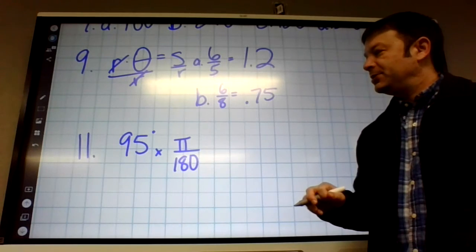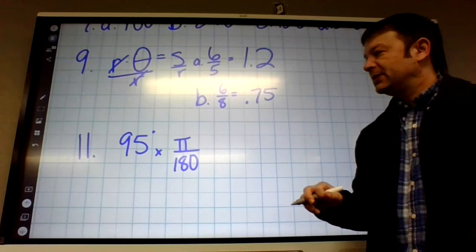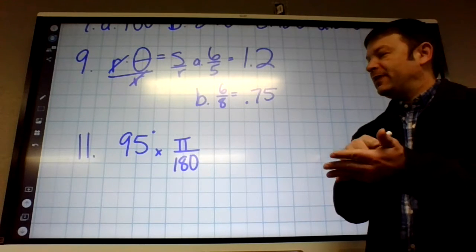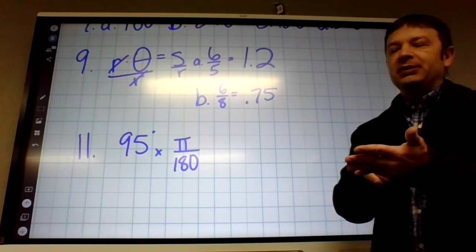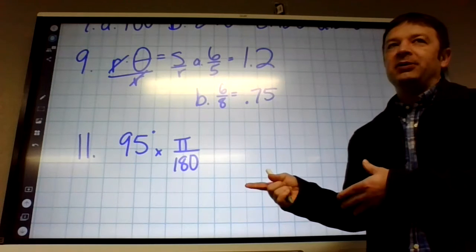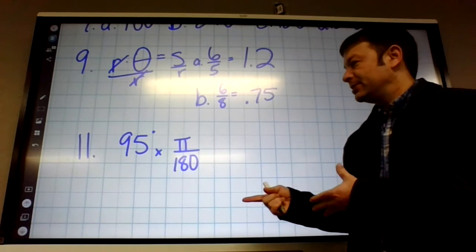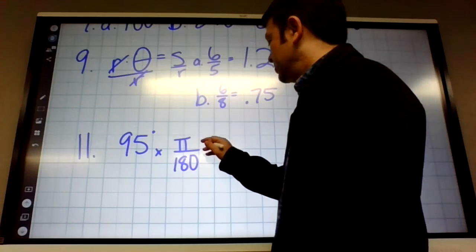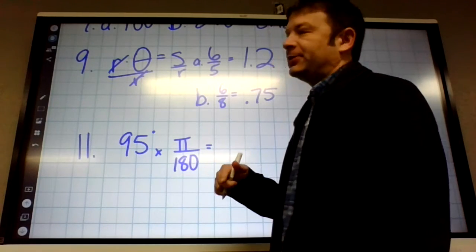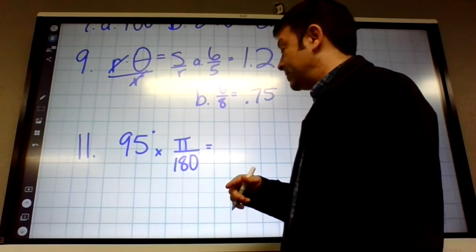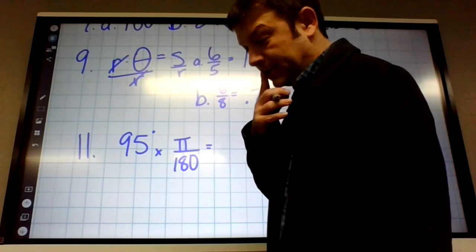You might just plug in 95 divided by 180 and then put pi in your answer. That's probably an easier way to do it. But leave it in fraction form. I don't really want decimals for this. What's 95 over 180 reduced to?